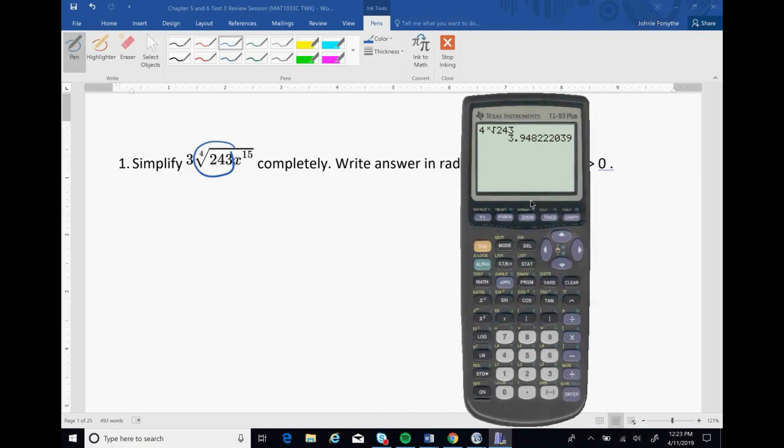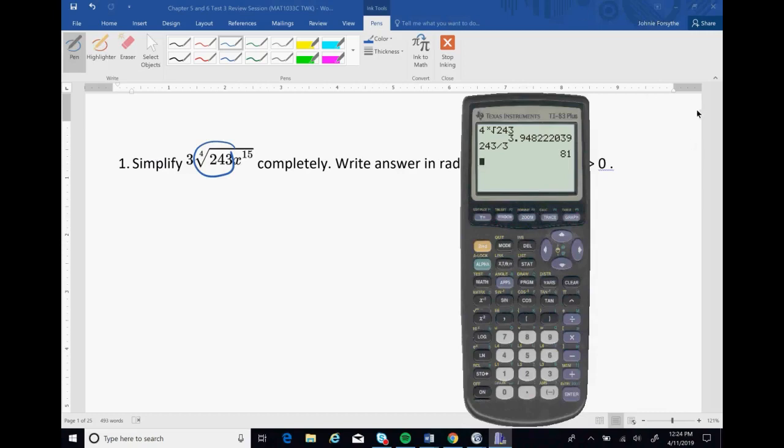I need to think of two numbers. There are two ways you can do this. If you know your perfect fourths, you can think of which of those perfect fourths, 1 to the fourth, 2 to the fourth, 3 to the fourth, are factors of 243. Or you can do a factor tree to reduce that as well. For example, 243 divided by, I don't know, 3 equals 81.